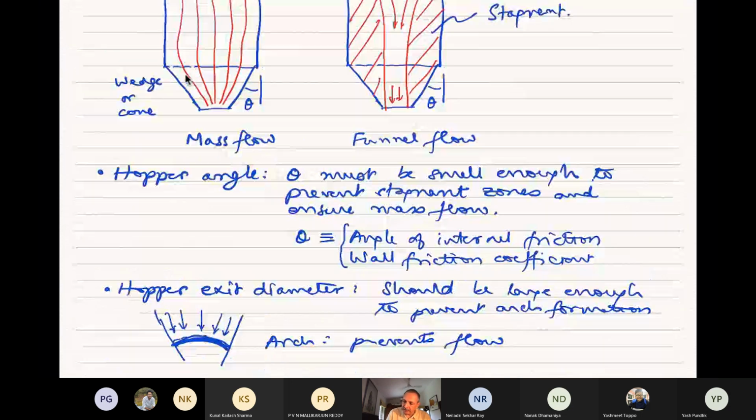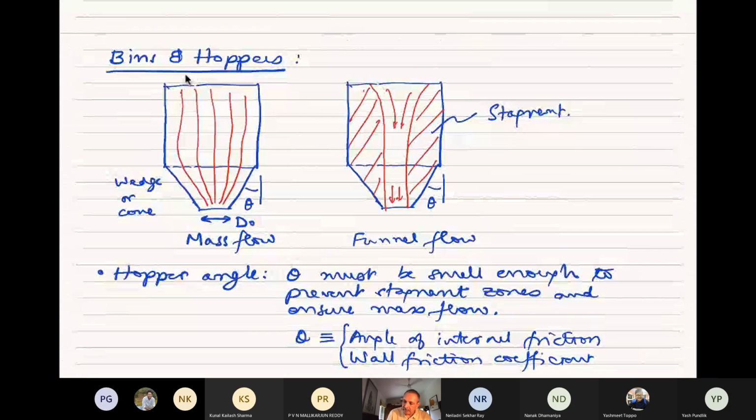Okay, so if I just draw it over here, this is d0, this is d, and this is h.